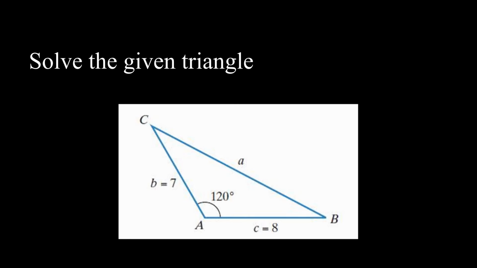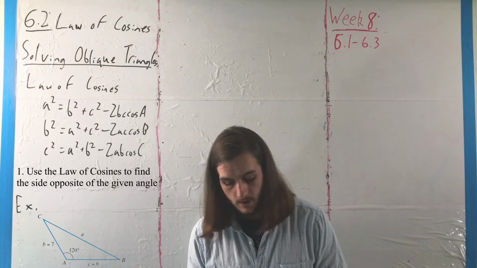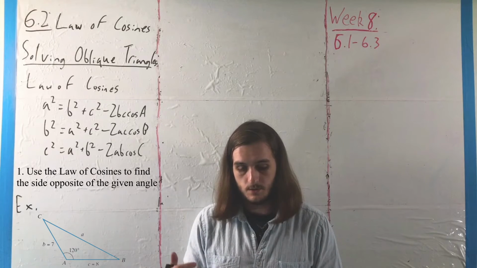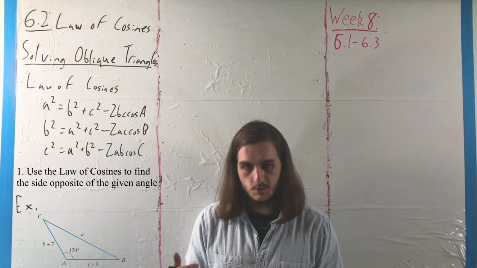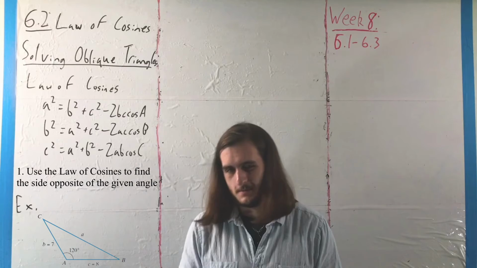So for our first example, we want to solve the triangle given here, where we have length B equals 7, angle A is 120 degrees, and C length is 8. So for this, we're going to start by using the law of cosines to find the value A using the angle measure A. Sounds confusing, but we're going to see what we mean here.